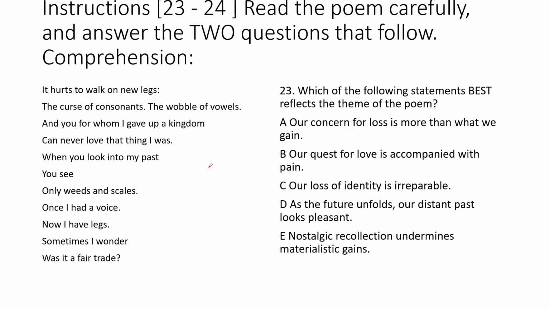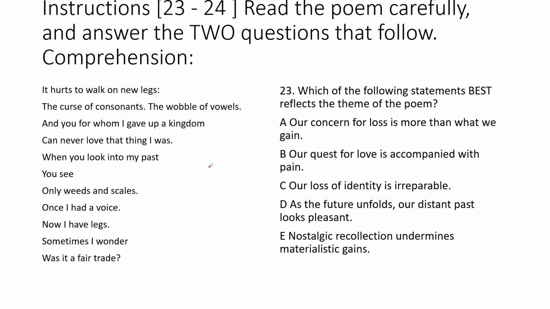So the first thing is that we should understand the context. The poet is mentioning some sort of pain in this poem, and is wondering whether whatever changes have come into his life are good. Were they fair? So we have to understand what the author is trying to state.